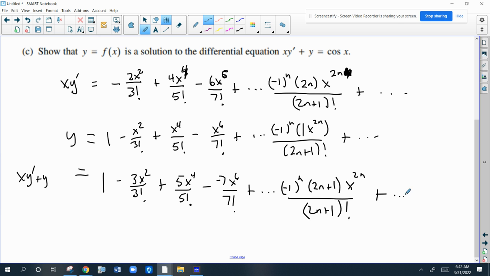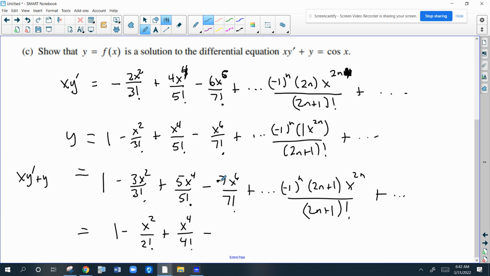So it looked like a daunting task to begin with, but it just comes down to this. This would be 2 factorial. This would be 4 factorial because the 3 and 3 cancel, 5 and 5 cancel, and so on.